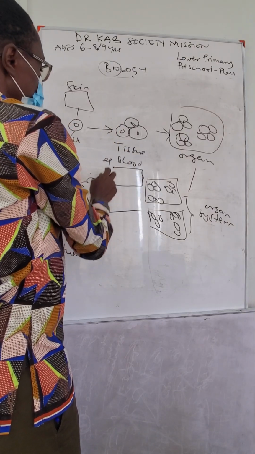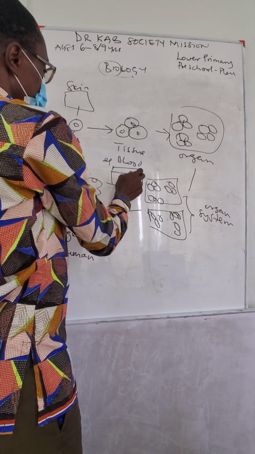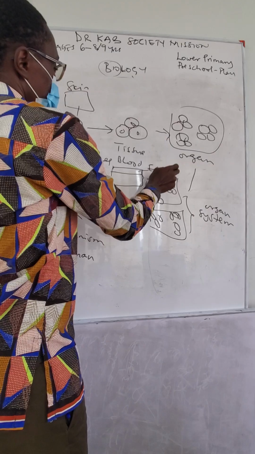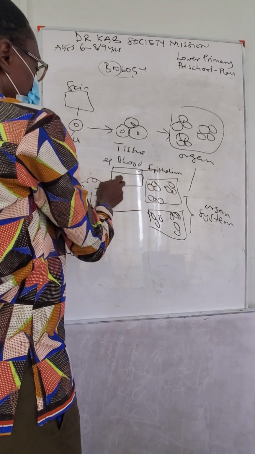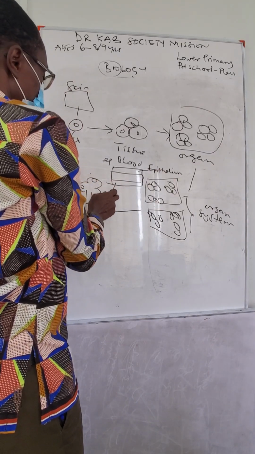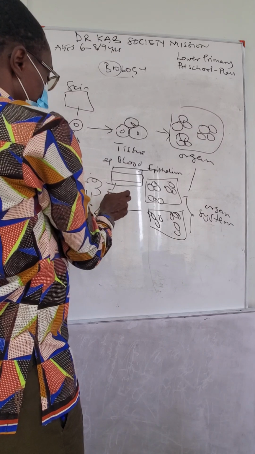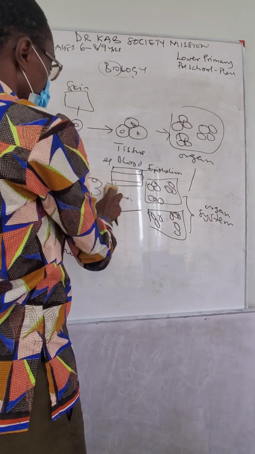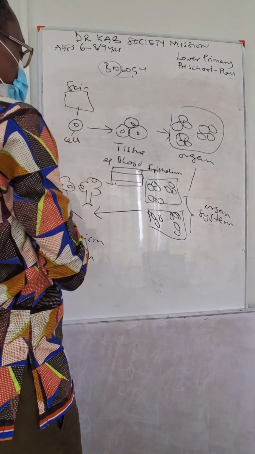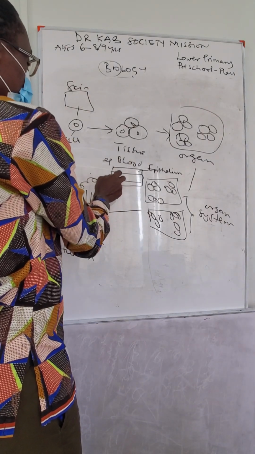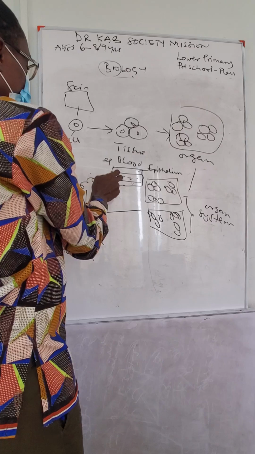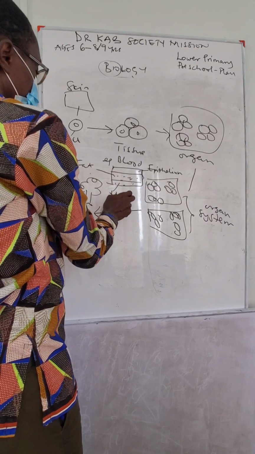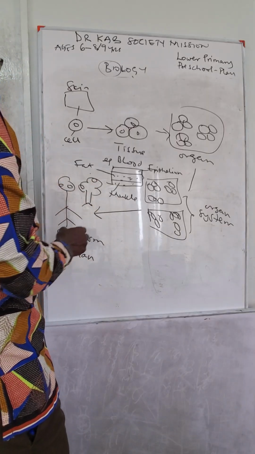The outer part is called epithelium, and the innermost part is called endothelium. That is not what we are going to look at today. You can also have fat, and maybe muscle. They are all tissues.